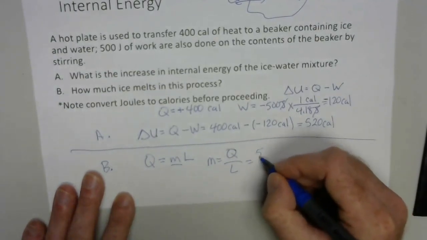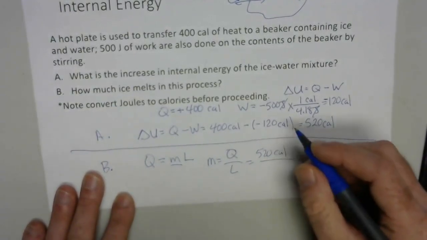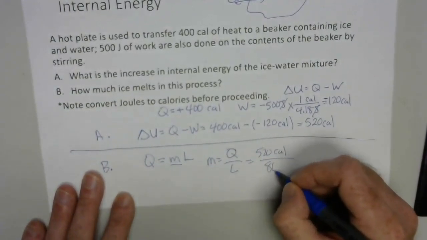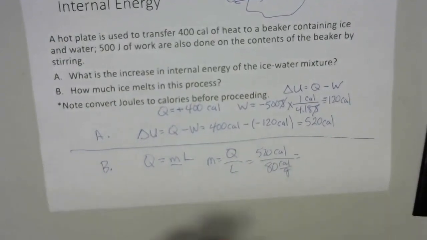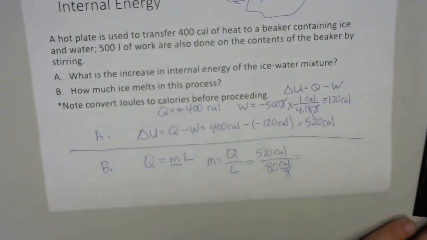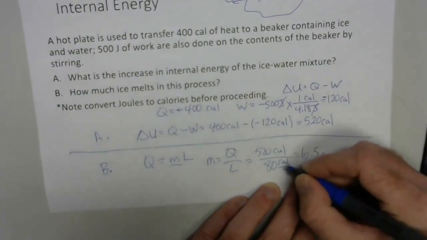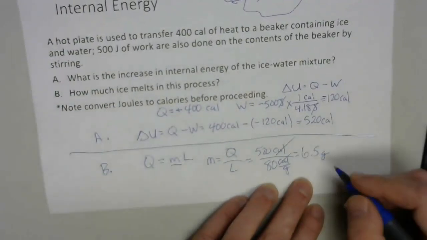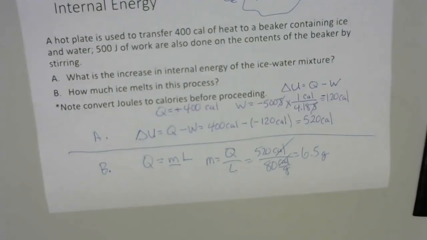And so we're going to use the 520 calories of energy added to the system, divided by the latent heat of 80 calories per gram. 520 divided by 80 is going to be 6.5 grams, because the calories are going to cancel. So this has been a brief tutorial on temperature and heat.